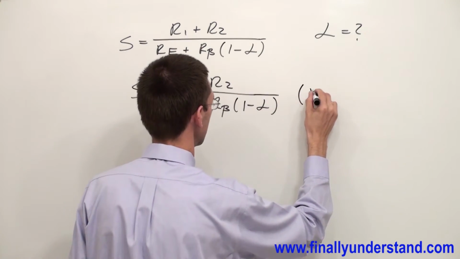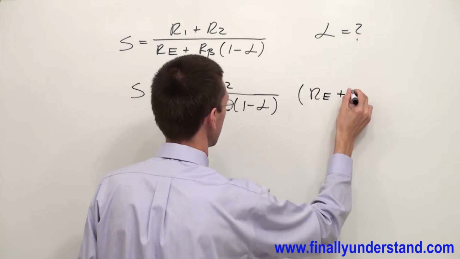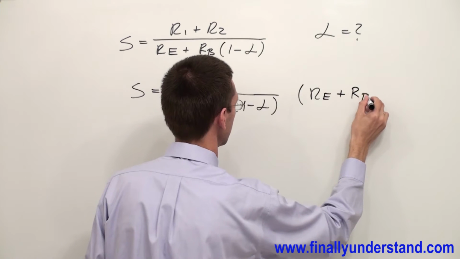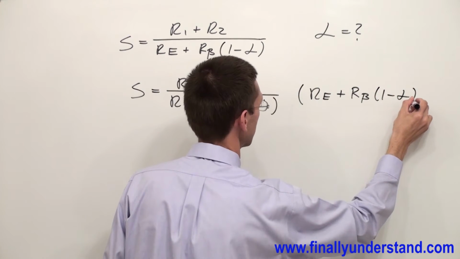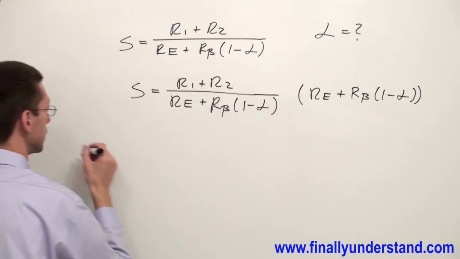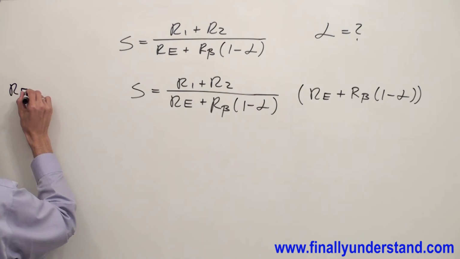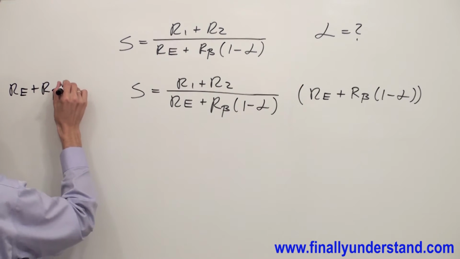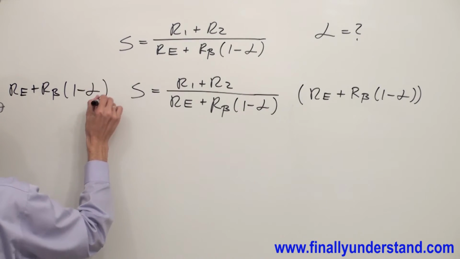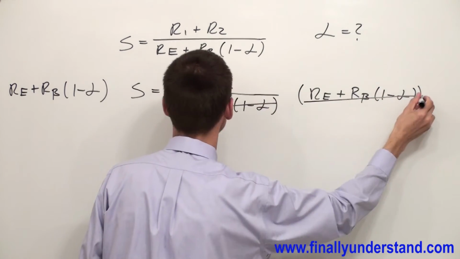That's why I'm going to have Re plus R beta (1 minus alpha), close parenthesis. And on the left side, I'm going to have exactly the same thing, my denominator, Re plus R beta (1 minus alpha). Okay, the denominator is going to be cancelled.